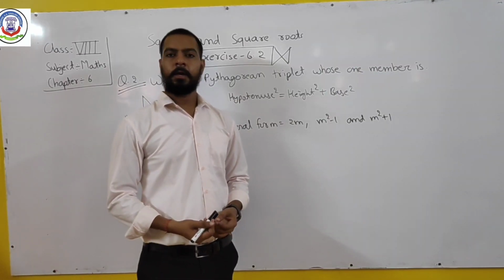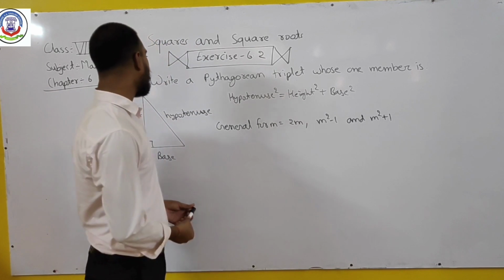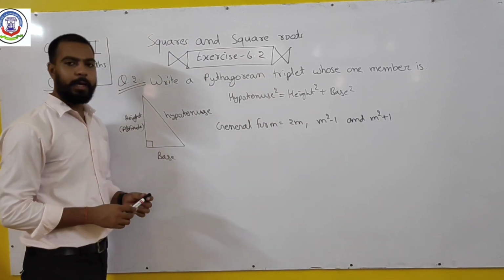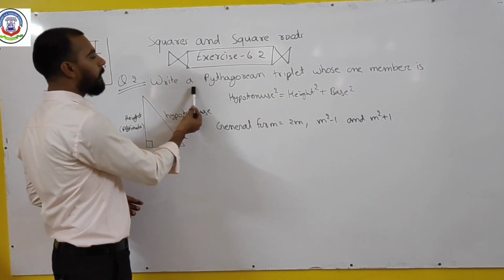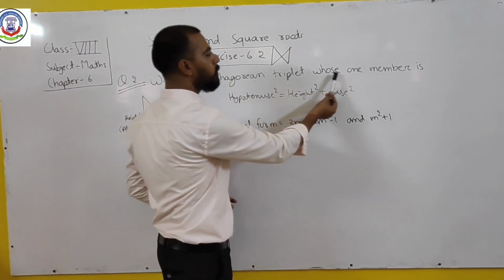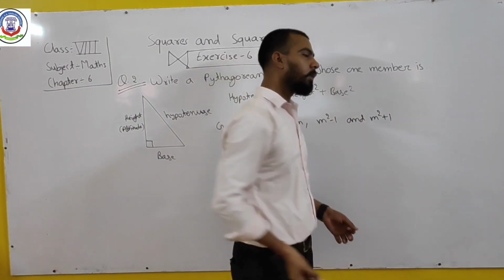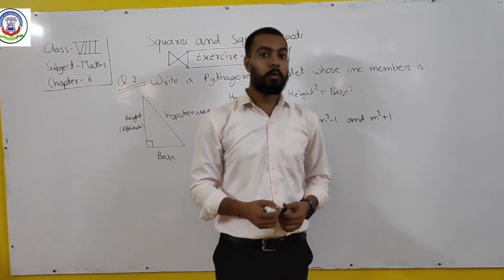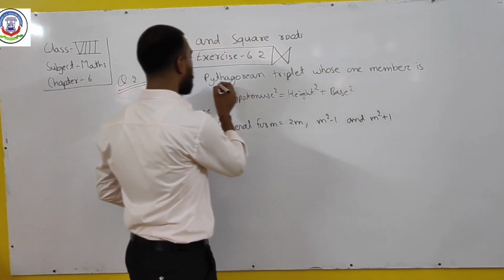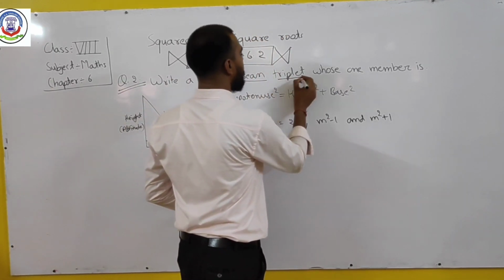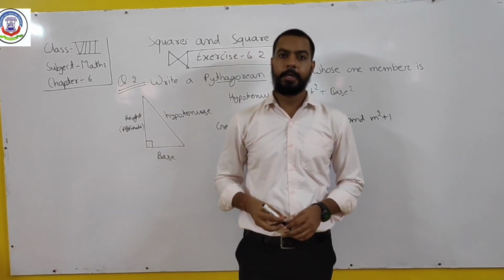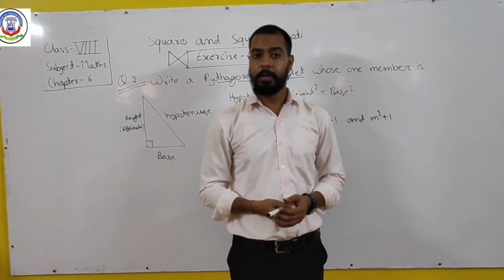Okay students, let's see the next question, that is question number 2, and in this question we have given that write a Pythagorean triplet whose one member is 6. We have to write the Pythagorean triplet, and the first question that arises in our mind is, what is Pythagorean triplet?